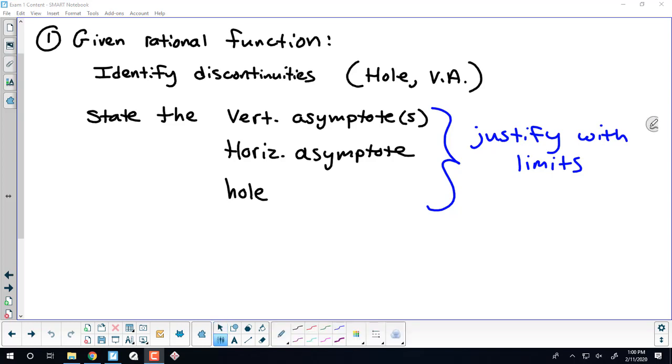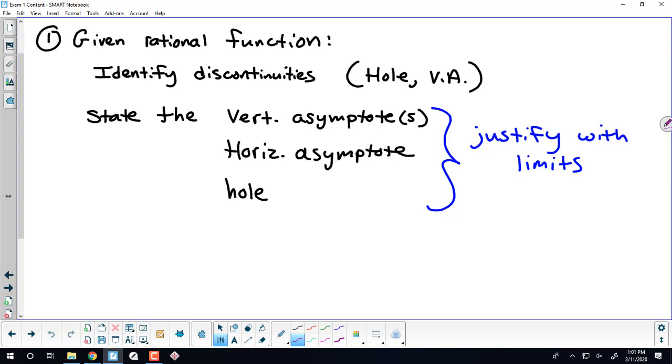But we did leave off with, there's going to be one question where you're given a rational function, you have to identify the discontinuities, state the vertical and horizontal asymptotes, and the location of the hole using limits. And I don't know that we ever mentioned the terminology, but a hole is, if you think about when you factor things and then you cross factors out and you say, all right, I crossed that factor out, there's a hole there.